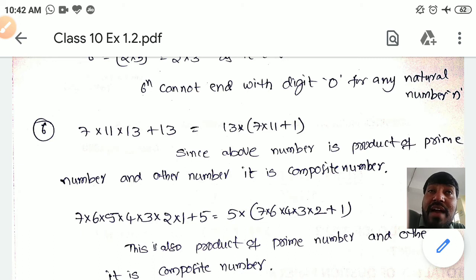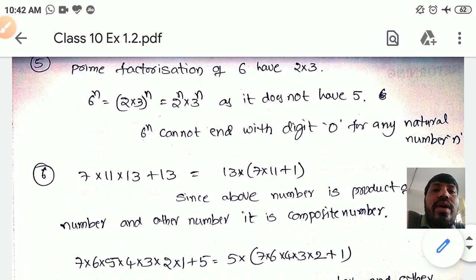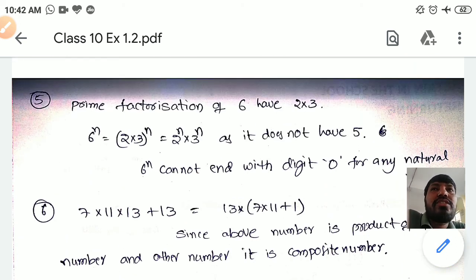If a number has the prime factors 2 as well as 5 in its prime factorization, only then is it going to have 0 at the end. That's why, since the prime factorization of 6 is 2 into 3, it never ends with a 0. Okay, so that explanation is given to you.